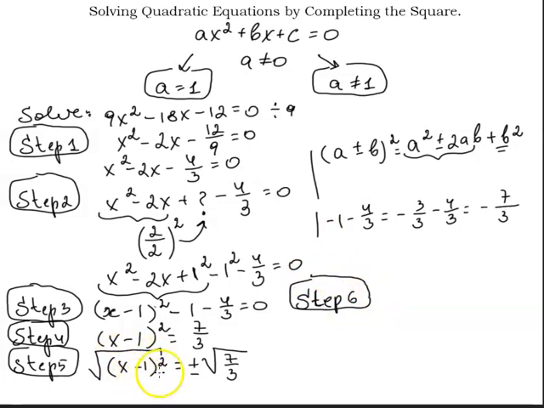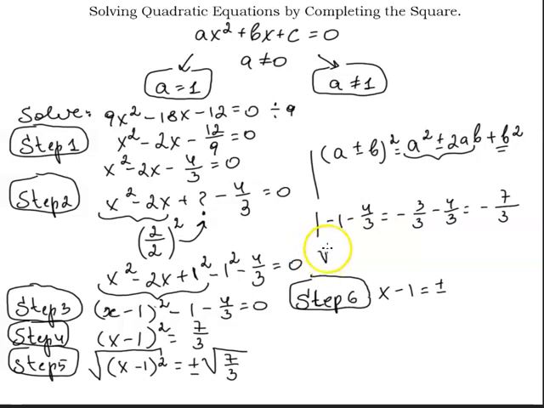Now on the left side, x is free, the square root eliminated the square, so I will have x minus 1 equals, and then the right side is plus minus. I need to work on the square root of 7/3 because I cannot leave a fraction inside of the radical. I need to rationalize the denominator, and I'll do it right here.